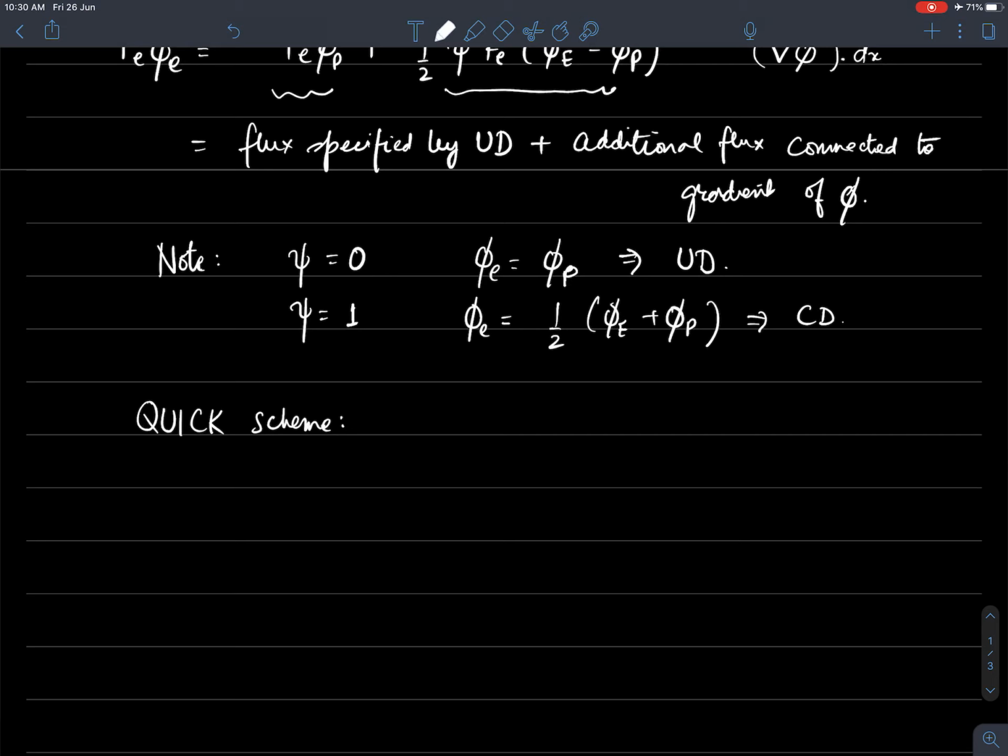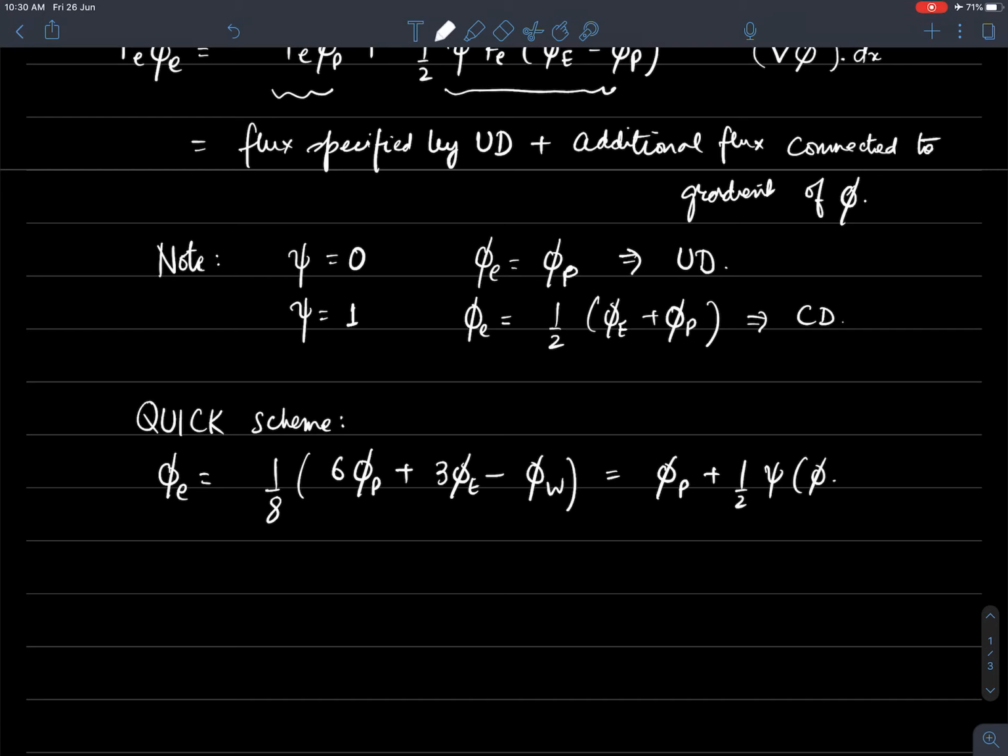In the QUICK scheme, if you recall, phi e was written as 1 by 8 into 6 phi p plus 3 phi e minus phi w, and let me say that this is going to be written as phi p plus half psi into phi e minus phi p.